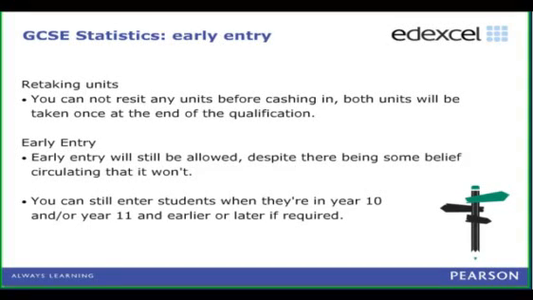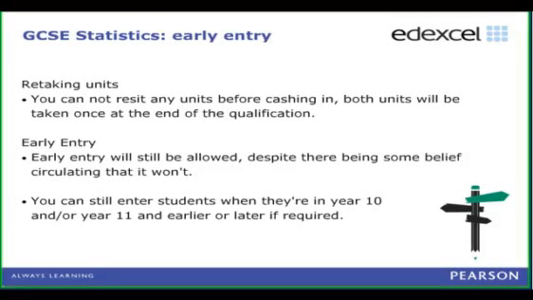A lot of students are entered in year 10 for statistics, and that's probably a better model than having them do their maths in year 10 and statistics in year 11, because that tends to leave them forgetting a lot of maths. If they go on to do any at A level, it means they've had a year doing statistics but have maybe gone a bit cold on some of the other topics.